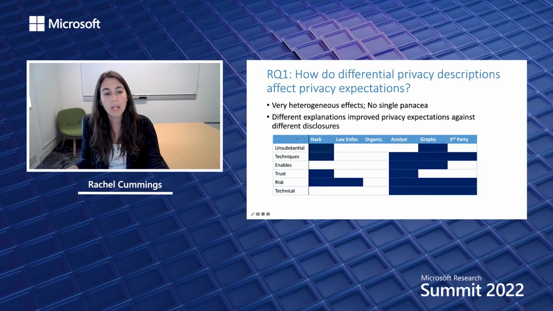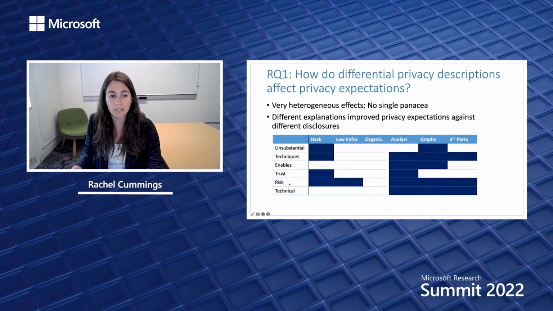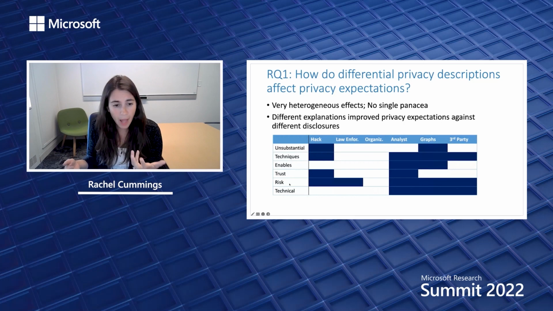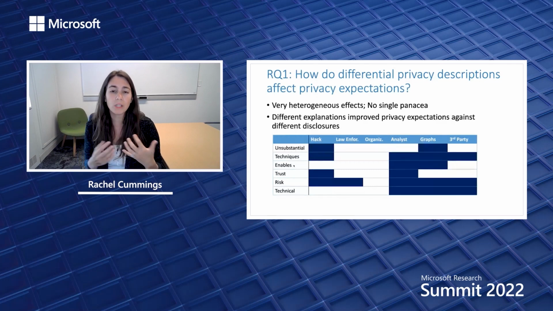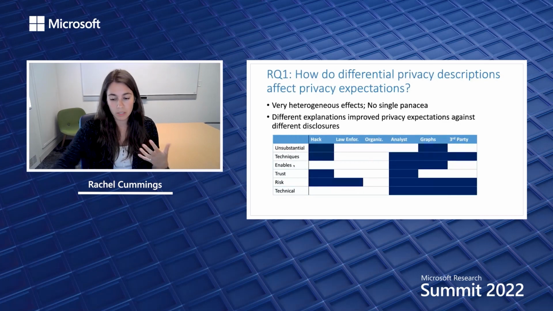And so we see there's not one single privacy description that captures it all. Talking about techniques and risk seem to be impactful. Talking about what things enable is less so. We don't really see one single answer that's really going to solve everything.